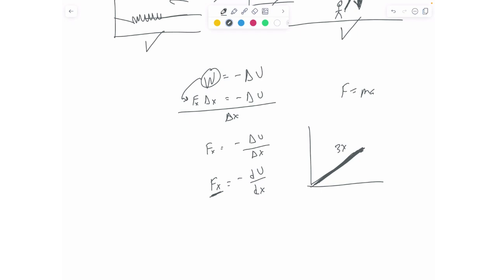The force would be negative 3, because your slope here is just 3. So if that's your slope, then the force would be negative 3, in this case in newtons. So instead of F equals ma, which is Newton's second law, there's another way to define force, and force is just equal to the negative energy gradient, the change in energy over displacement.